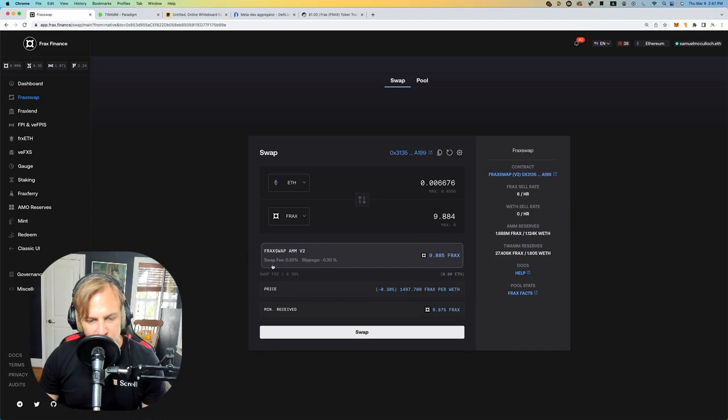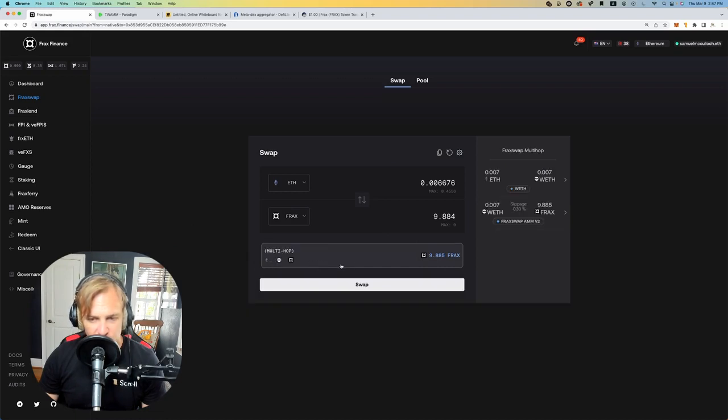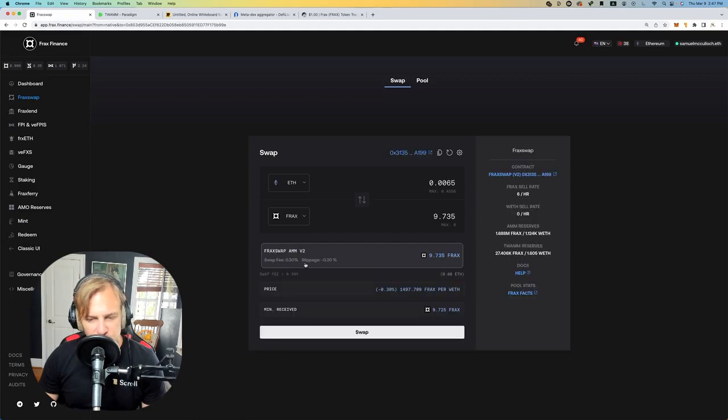I can see that the swap fee for this trade is going to be 0.30. And the slippage is also going to be 0.30. The swap fee is how much the market maker, in this case, charges for this swap. The slippage is how much slippage you're going to allow on this trade. Essentially, think of it like this.